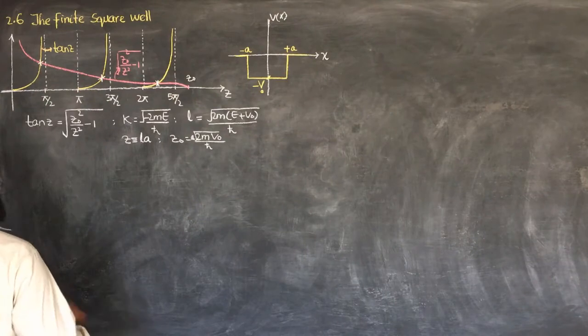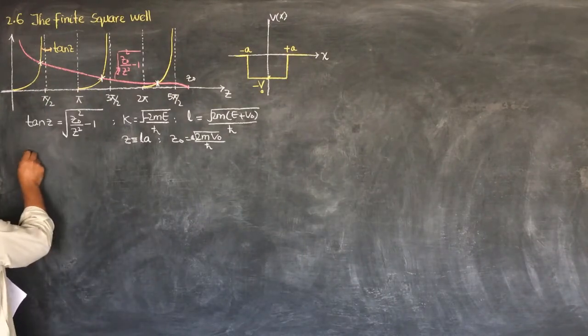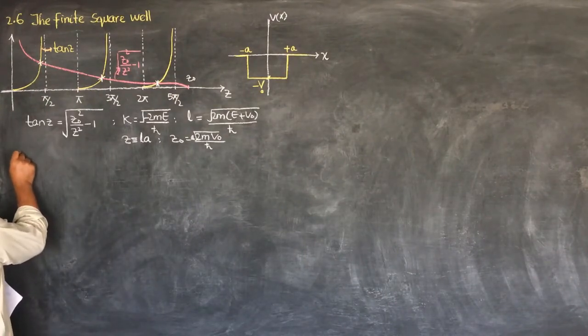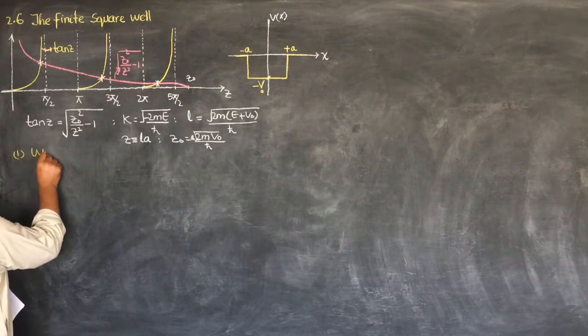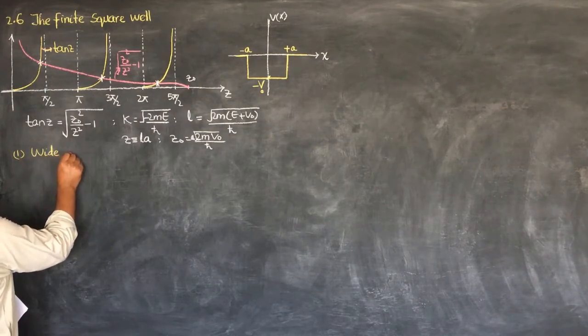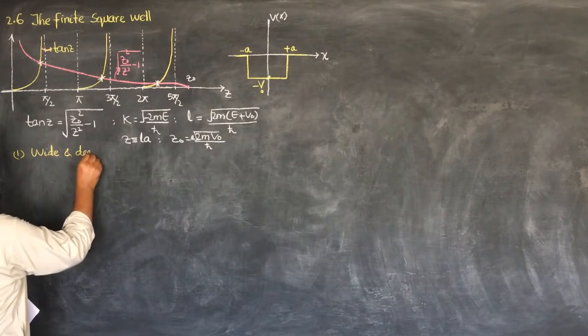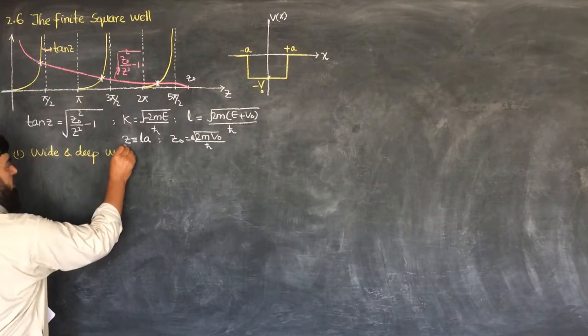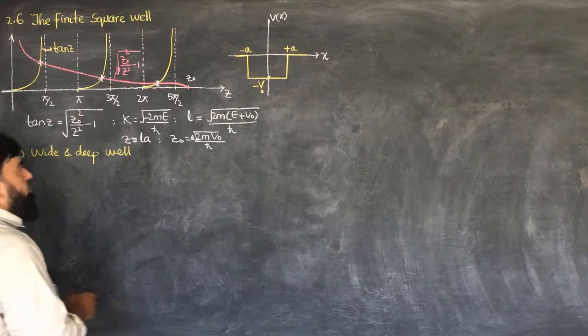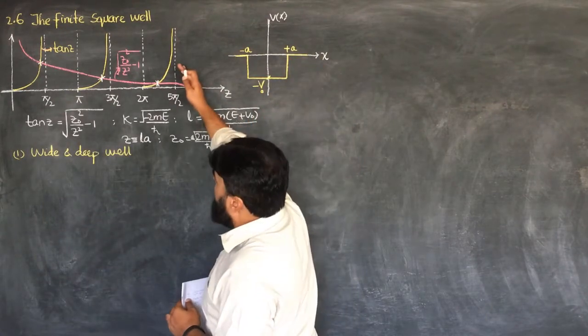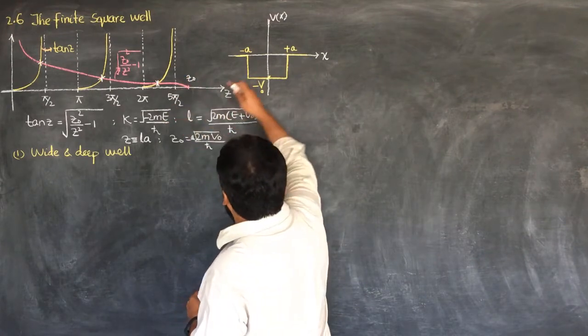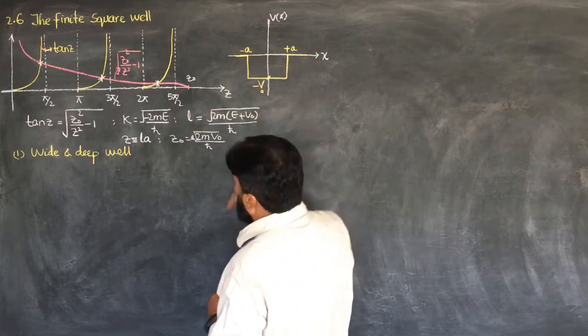Now we are discussing two limiting cases, and the very first case that we discussed, when we are having a very wide and deep well. Now when this well will become very wide and it will become very deep.